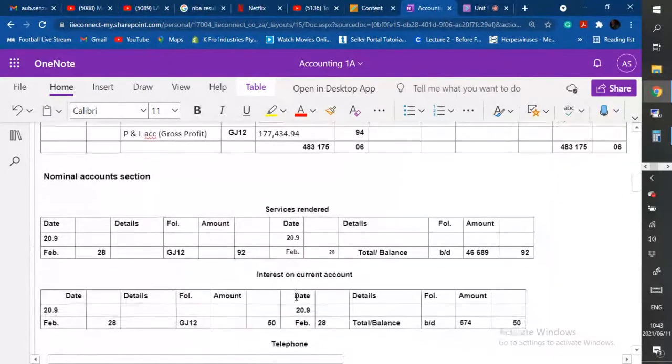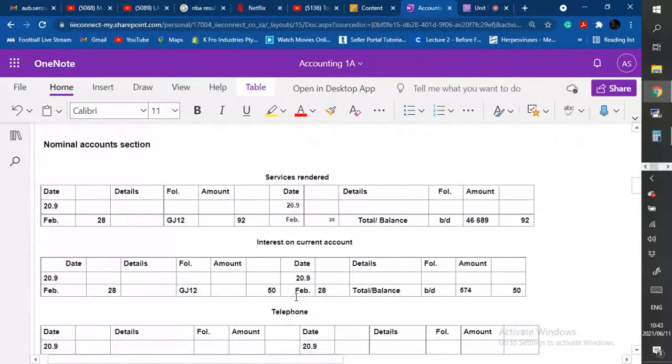We move now to the next bit of step 3, where we are closing off the nominal account section to the profit and loss account. Here I've already put in the balances, but obviously you can do this. You just open the T account and see that services rendered has a credit balance.